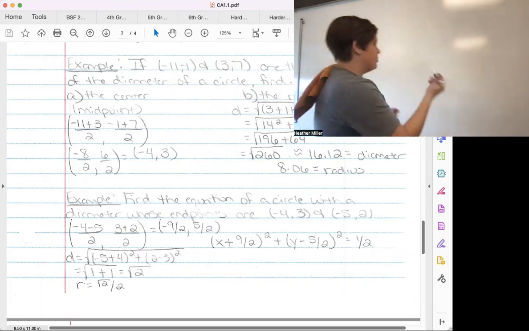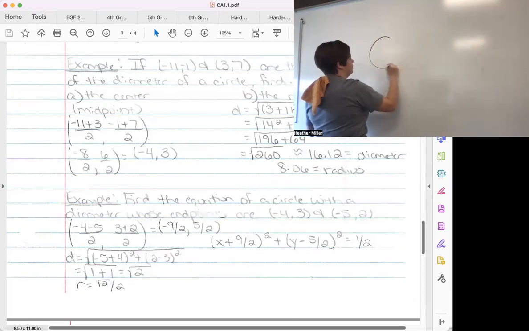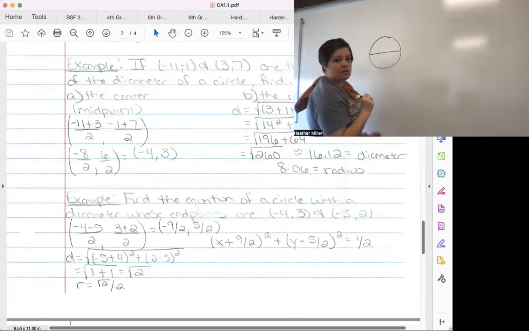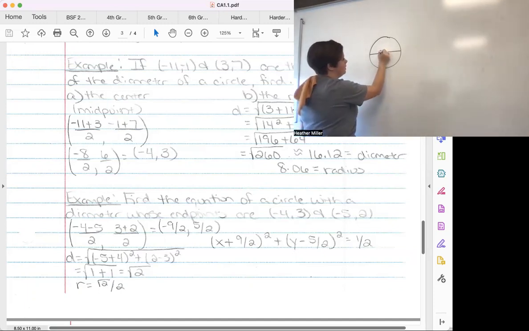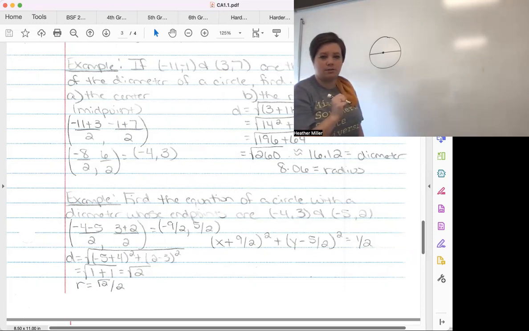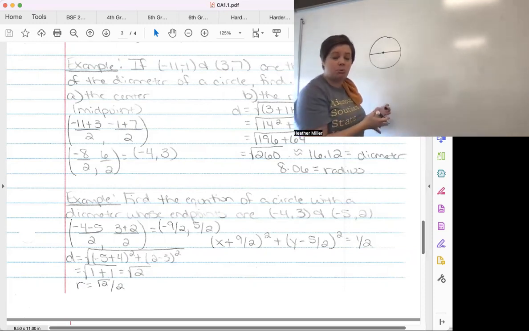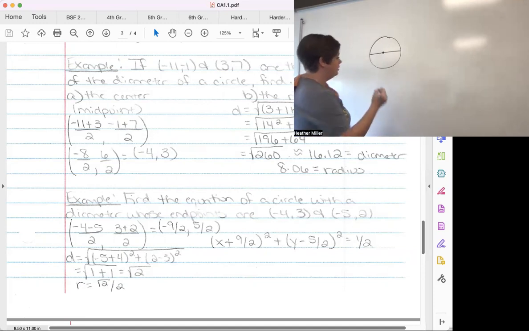Because if I have a circle and I have my diameter that runs through my circle just like this, then look at this. My center is actually the midpoint of my diameter.